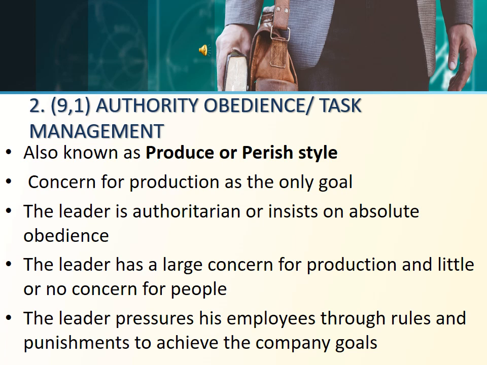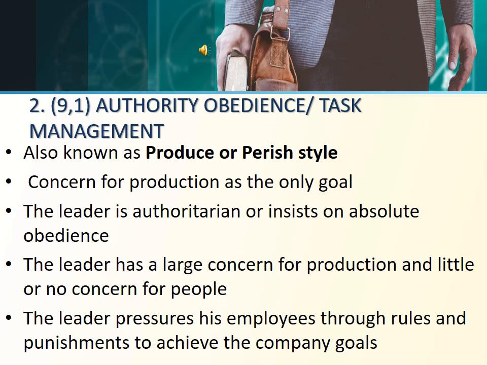The next one is authority obedience or task management, that is 9-1. Also called dictatorial or producer-punish style, here leaders are more concerned about production and have less concern for people. The style is based on McGregor's Theory X. The employees' needs are not taken care of and they are simply a means to an end.